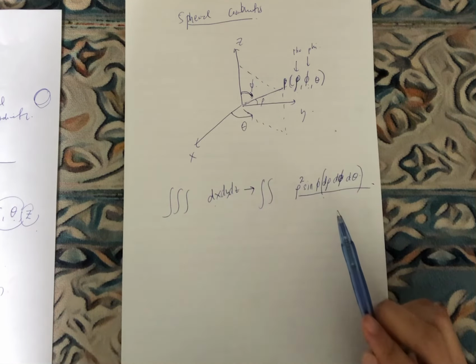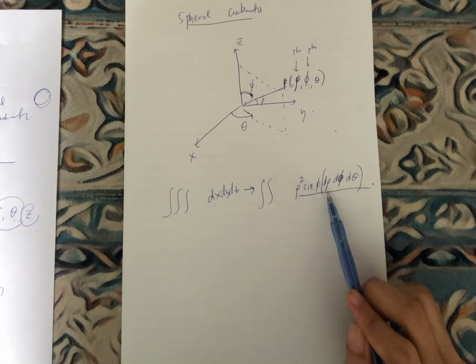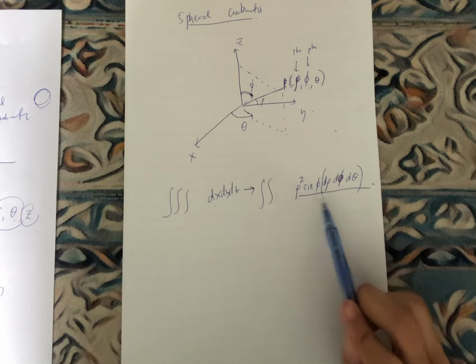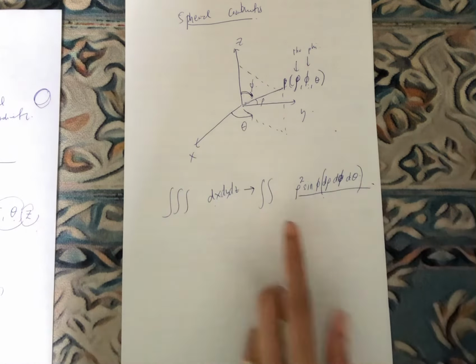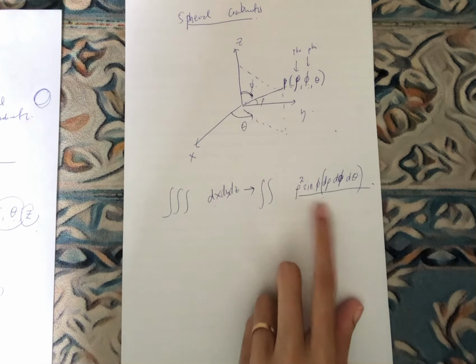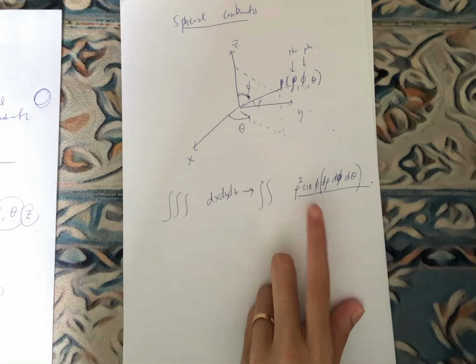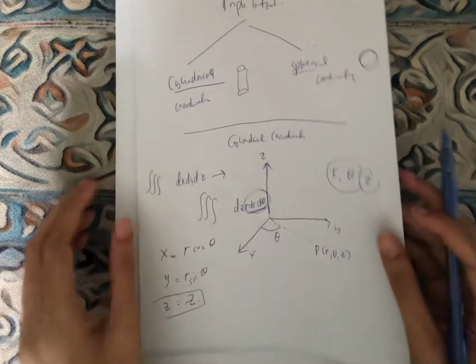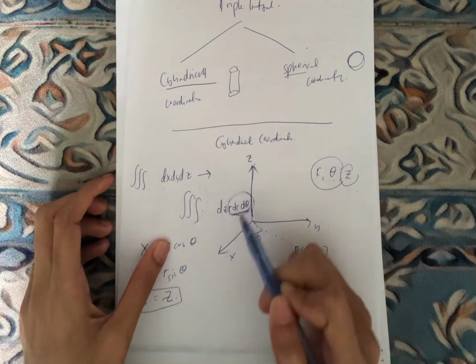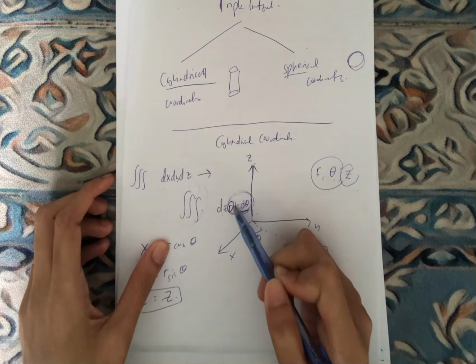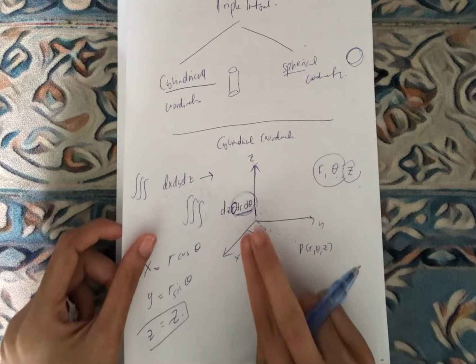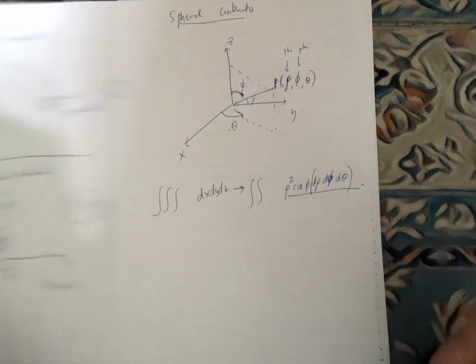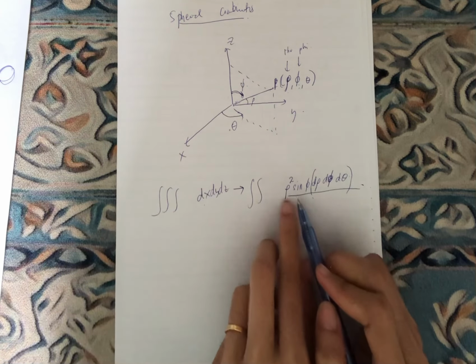You can start from d theta and then d phi, d rho, or another order. It doesn't matter about the sequence, but make sure this is there. You must bring this one together, same as for cylindrical just now, where you must bring this r together. The r is attached to dr, so for this one also it must be attached.